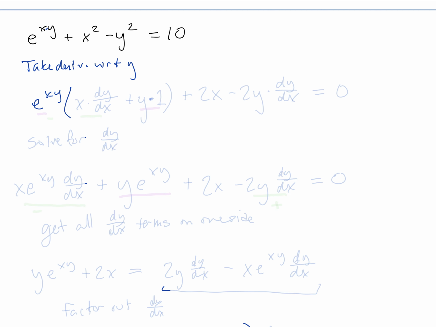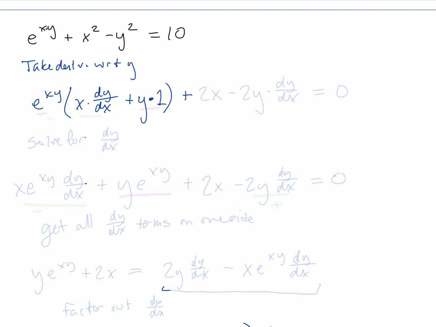So we need to use the product rule, x times some function of x. So this is the first times the derivative of the second. The derivative of y with respect to x is simply dy/dx, plus the second, y, times the derivative of the first. The derivative of x with respect to itself is dx/dx, which is just 1.